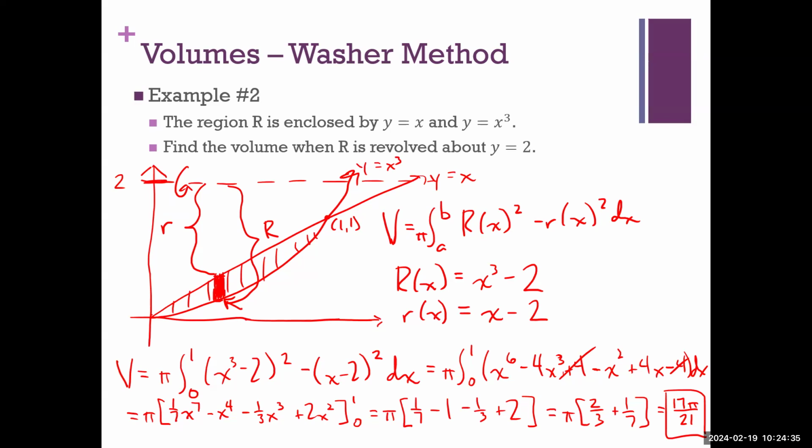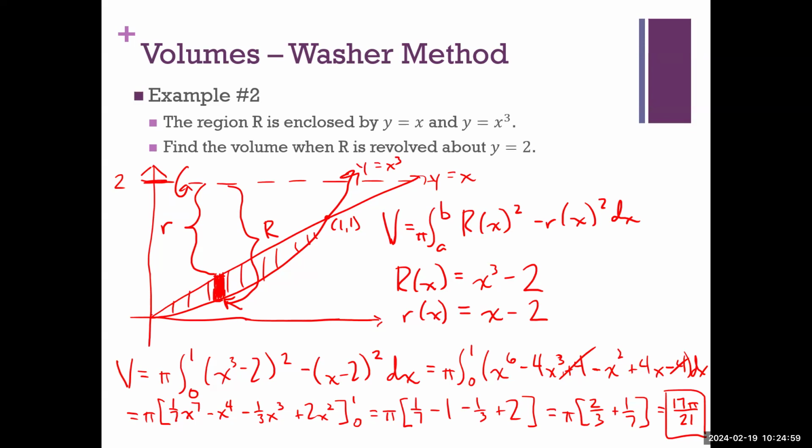What did that change? The fact that we rotated around y equals 2, what did that change about this process, or about the way we had to define things? Or did it change anything? How so? By subtracting.